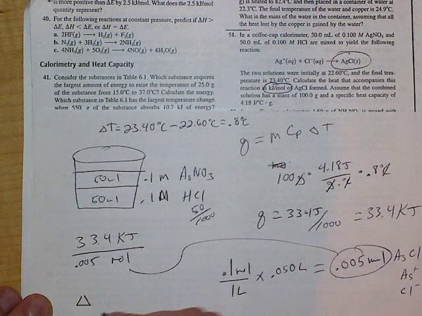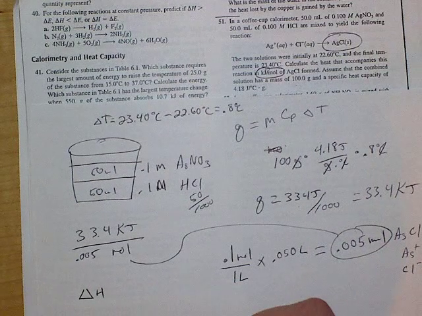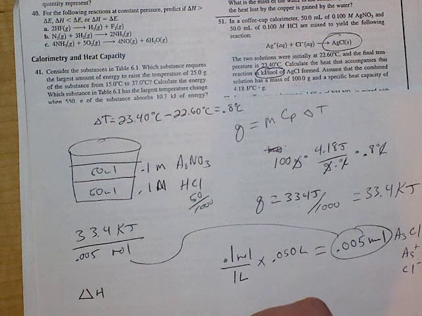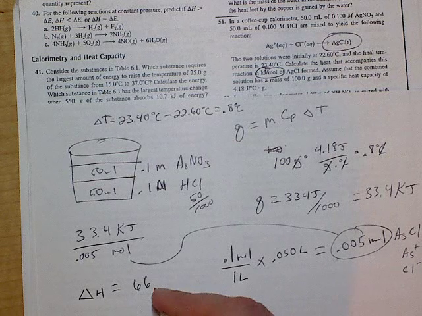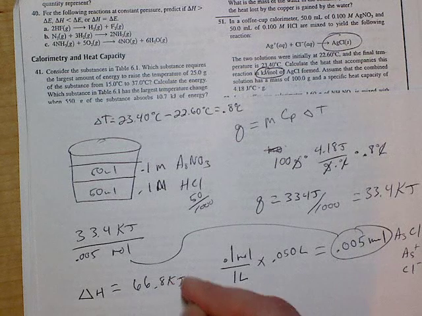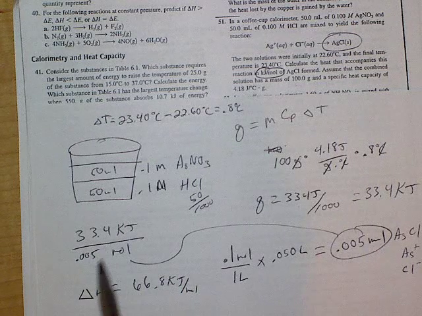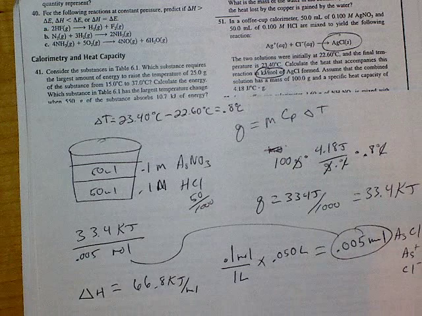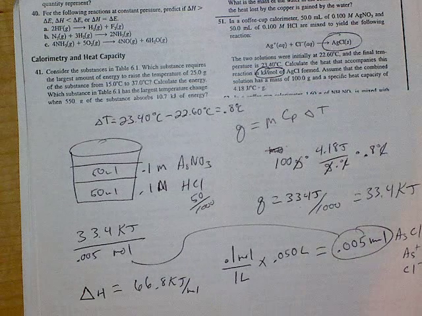All right, and when I end up calculating this, then I can get my delta H for this reaction. And the delta H is equal to 66.8 kilojoules per mole. That was just dividing the 0.334 by the 0.005. Okay, last thing I want to do is put my symbol on here.